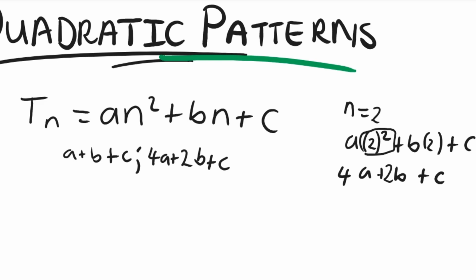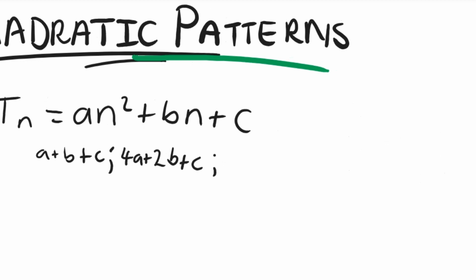Then let's look at our third term, when n is 3. We have a times 3 squared plus b into 3 plus c. We replace every n with 3. So we have 9a plus 3b plus c.